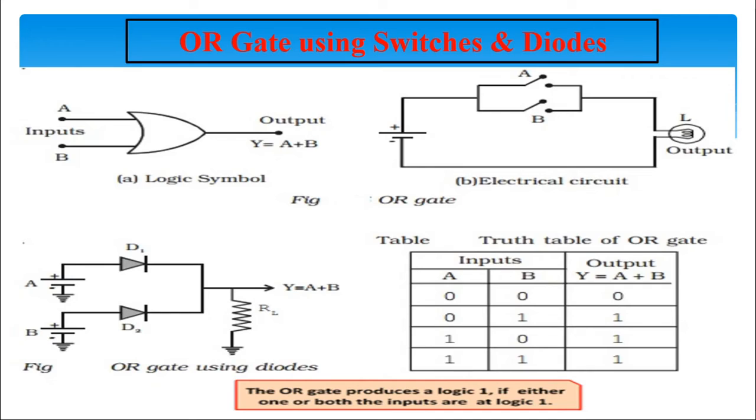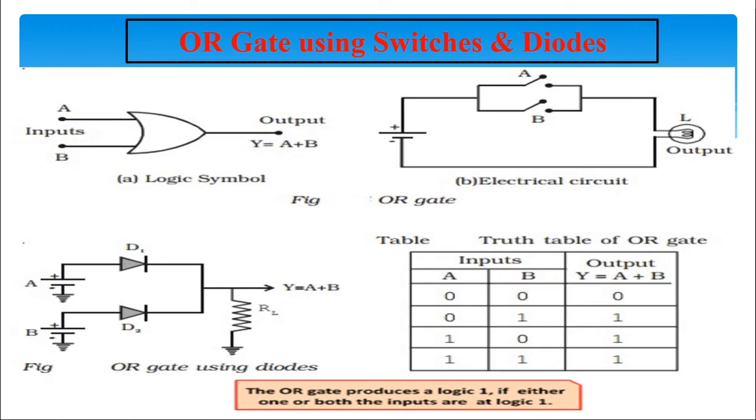That means the diodes will go into reverse bias and therefore there will be no current flowing through the circuit. In terms of binary, when A equal to 0 and B equal to 0, Y is equal to 0.